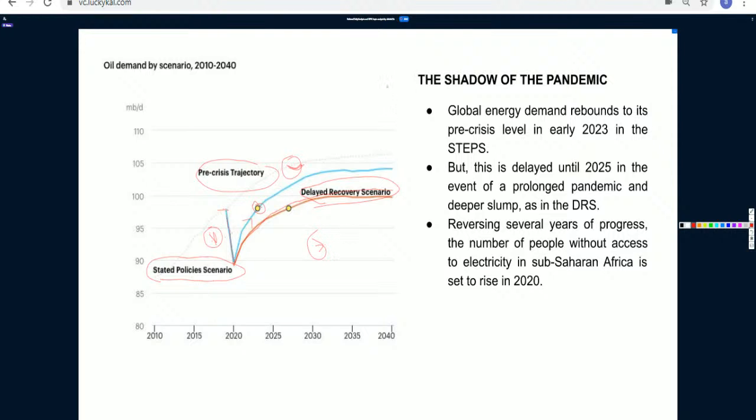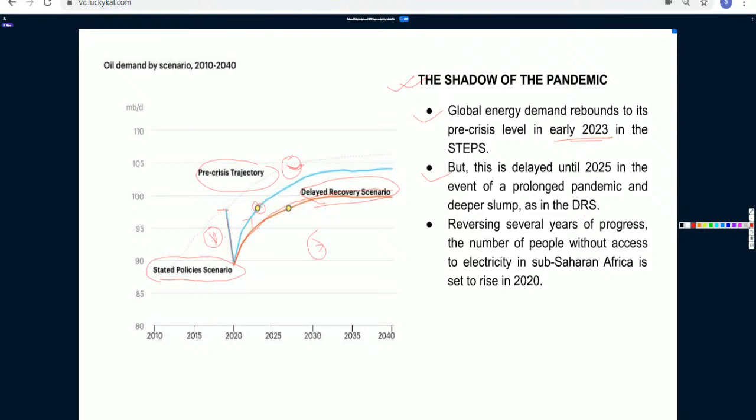Then, what is the shadow of the pandemic? The global energy demand rebounds to its pre-crisis level in early 2023 in the STEPS. STEPS means stated policy scenario. We have talked about this. But this is delayed until 2025 in the event of a prolonged pandemic and a deeper slump, as in the DRS.